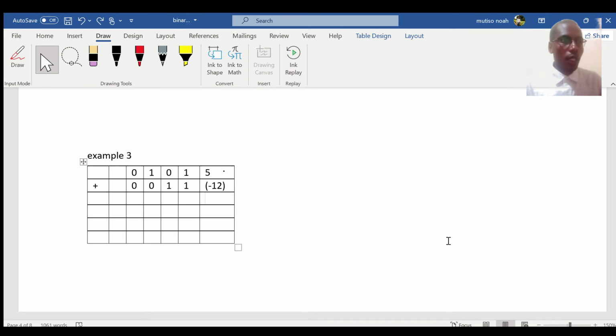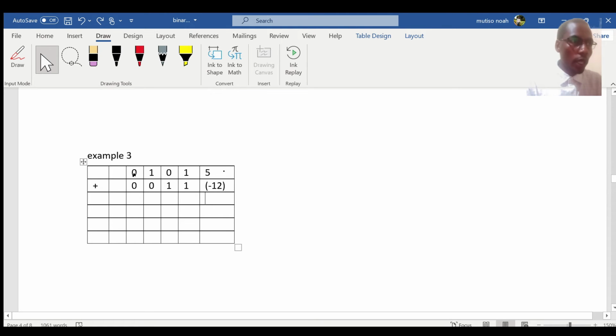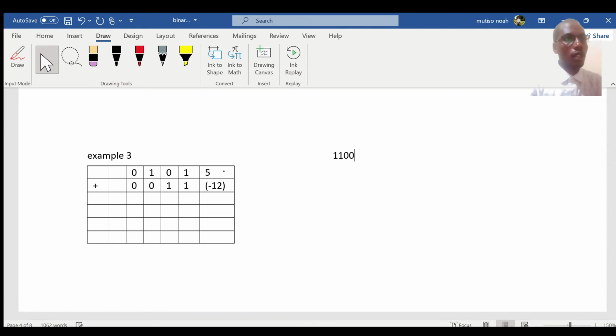So, example 3, we have 0101, which is equivalent to 5, and 0011, which is equivalent to negative of 12, meaning that the 12 itself is supposed to be 1100. This is supposed to be 12, from what we wrote above.